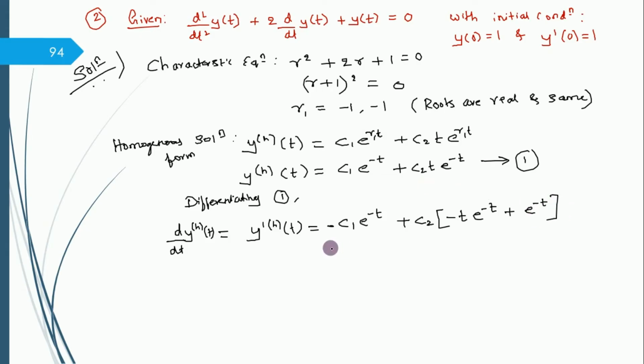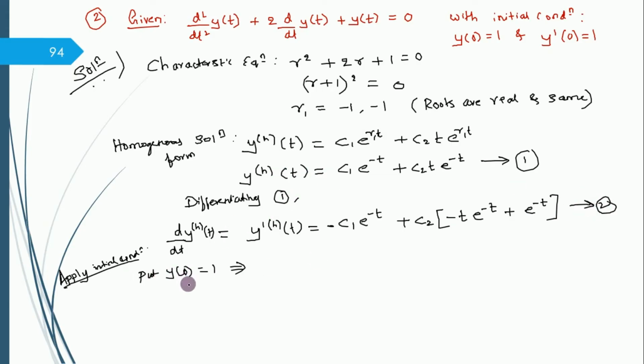Now applying initial conditions. First one: put y of 0 equal to 1 in equation 1. This I call equation 2.